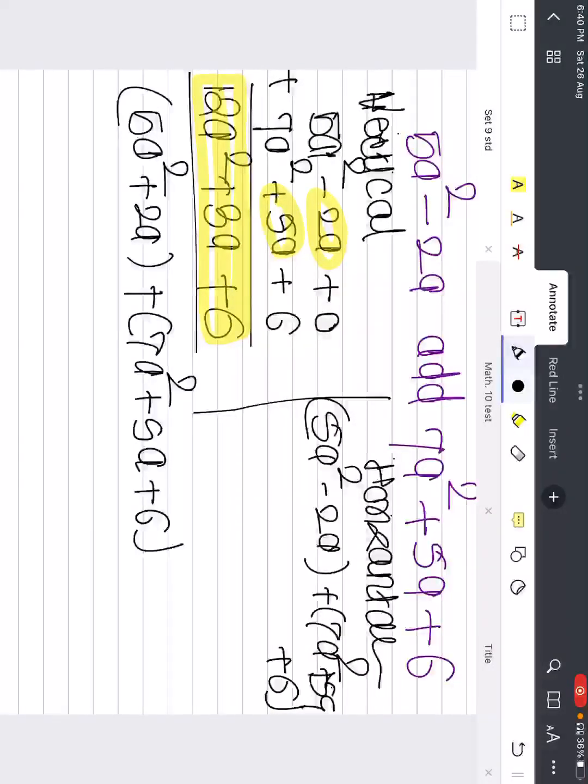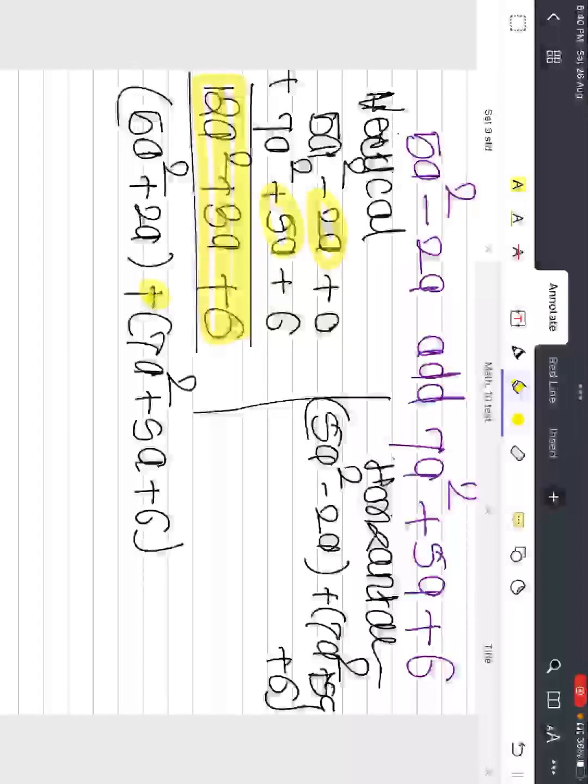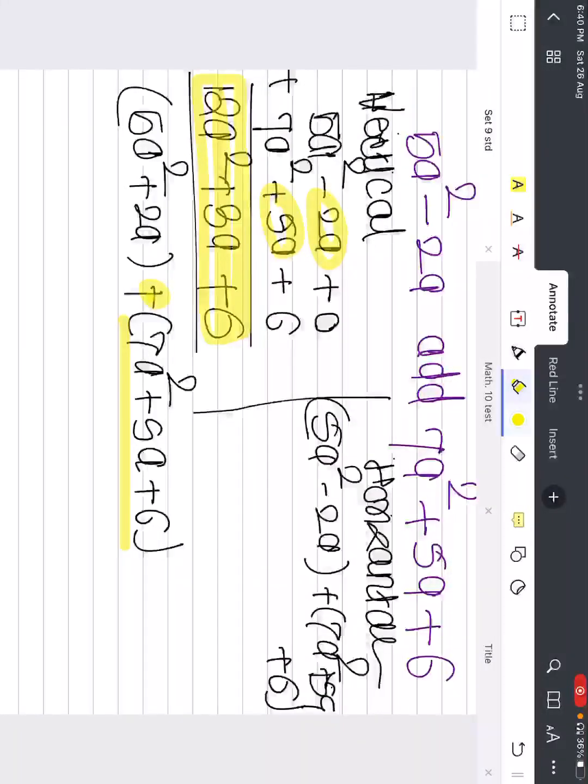We are adding, so if you observe this sign outside the bracket, plus is there, so there is no change in this bracket. If minus is there, then definitely we will change the terms in the bracket. Addition is there, so there is no need to change.